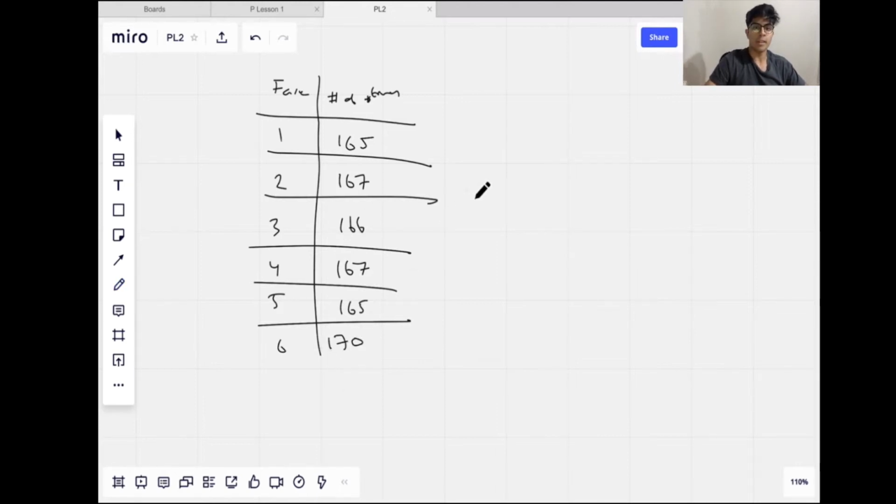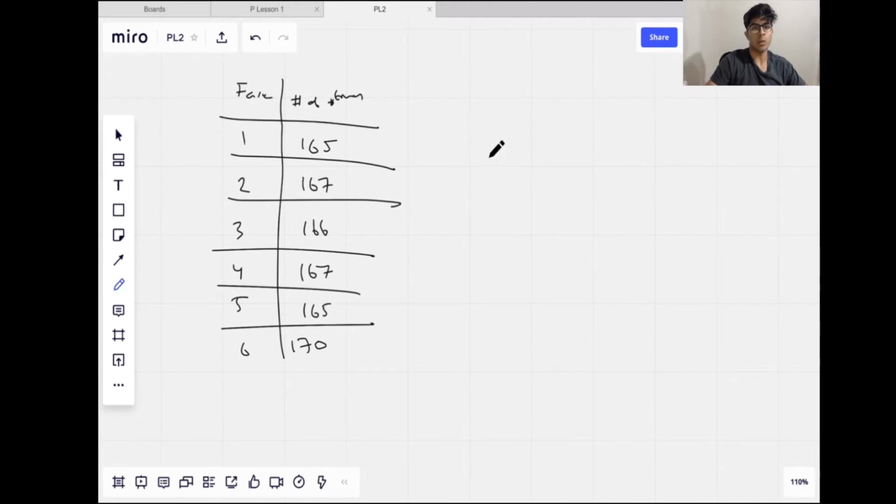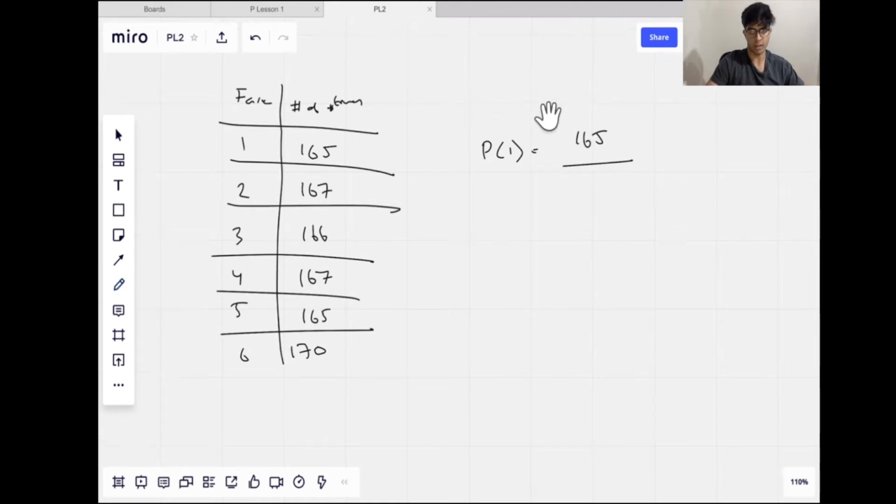So you might be thinking, what's the probability that we get a 1? Using this data only, we don't necessarily know if it's a fair dice. The probability of getting a 1 is the number of times we get a 1 divided by the number of times we tried, looking at the formula back here.